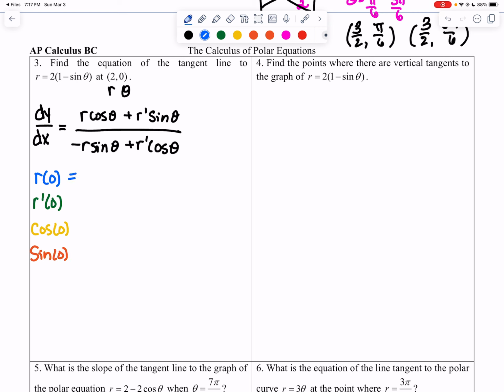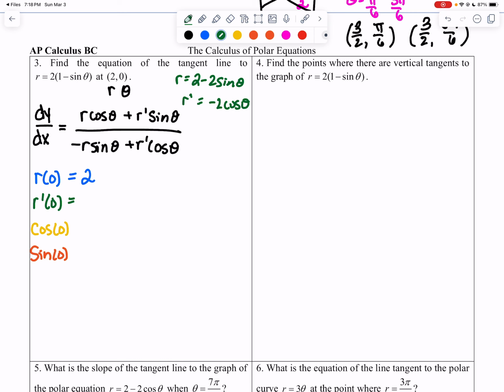Well, if theta is 0, this tells me that my r value is going to be, of course, 2. Because if sine is 0, 1 minus 0 is just 1, and 1 times 2 is 2. We've got to figure out what the derivative of that is. I'm going to simplify this. That's 2 minus 2 sine of theta, which means that r prime is negative 2 cosine of theta.